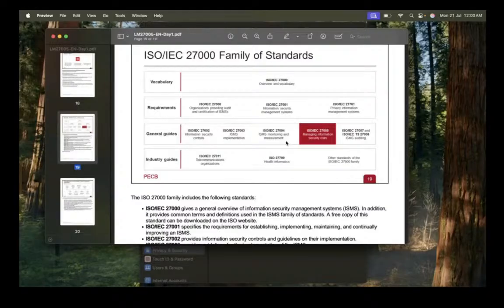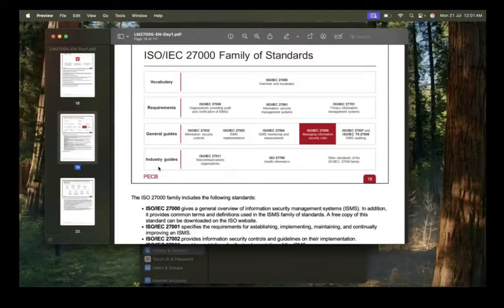Maybe you can just make a note of these, though they will not all be important for you. The main thing is going to be 27005, where we're going to discuss how to manage information security risk. But since these all come from the same family of standards, you can have a little note about what focuses on the requirements and what focuses on general guidance.